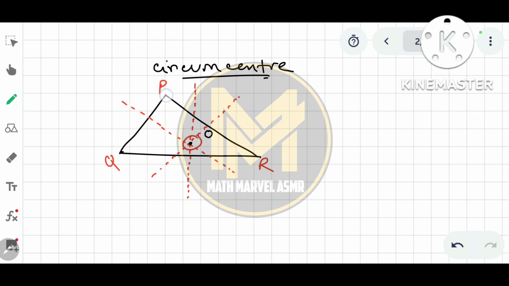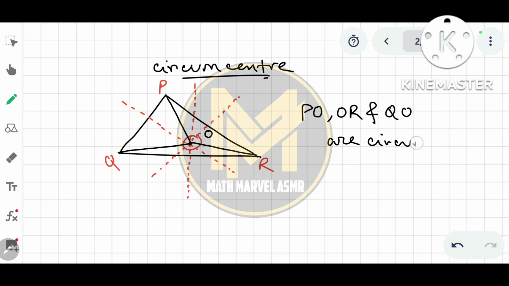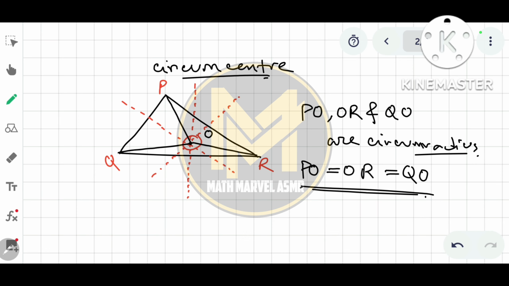Now if we join PO, OR and QO, these are called circumradius. That's why PO equals OR equals QO, since they are radii of the same circle.